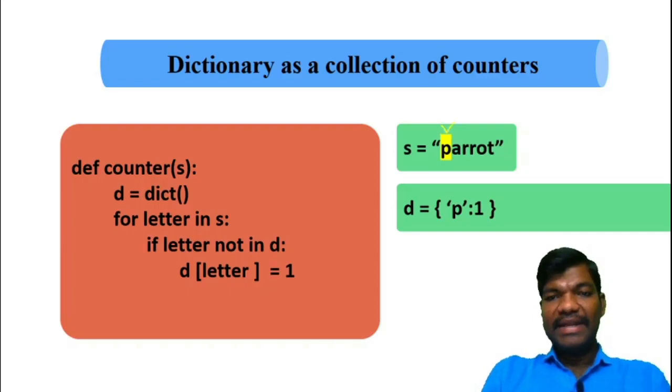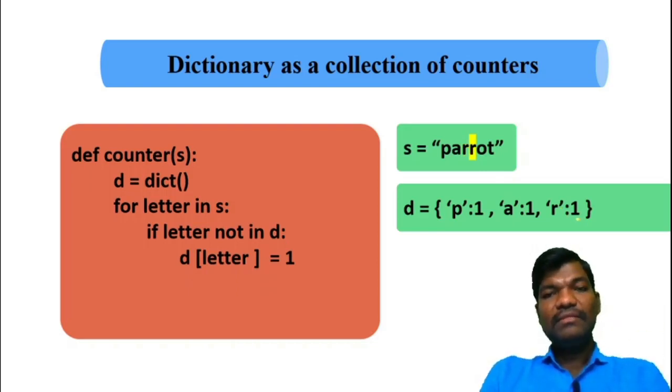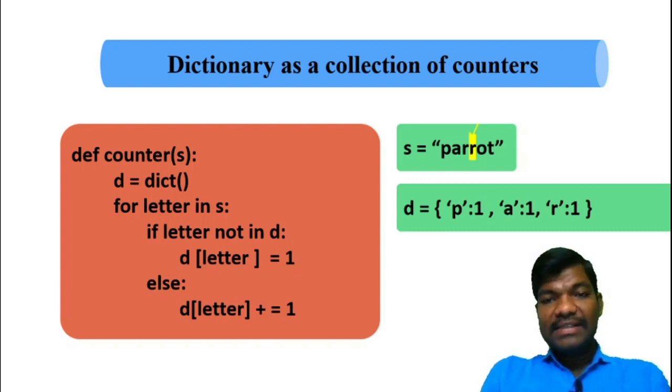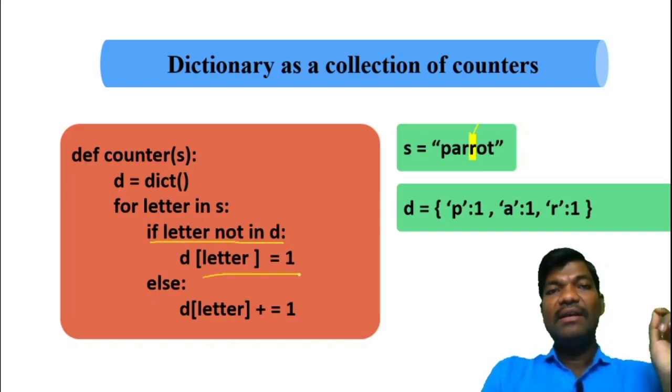First letter completed. Now coming to the second one, A. A is not available. So A is 1. Next one, R is also not available. R is 1. Next, second R, another R. This R is already present in the dictionary. So if letter is not in d is false, and else is executed.